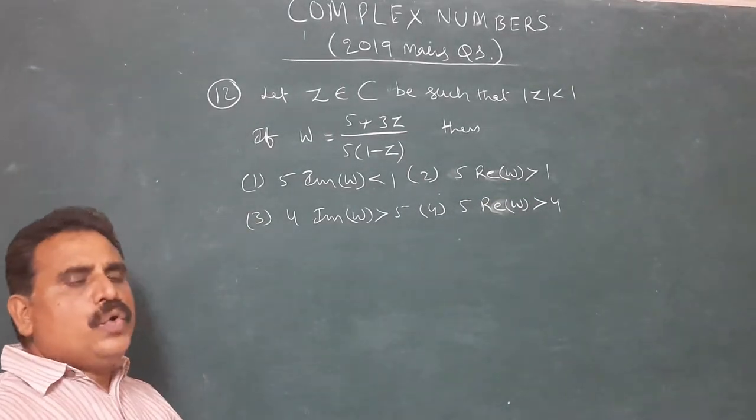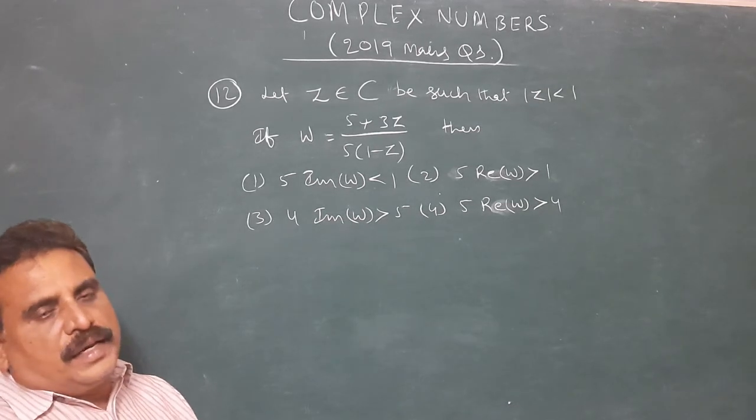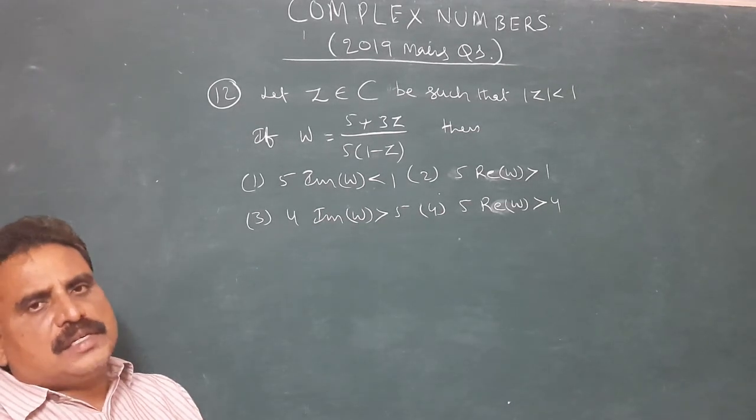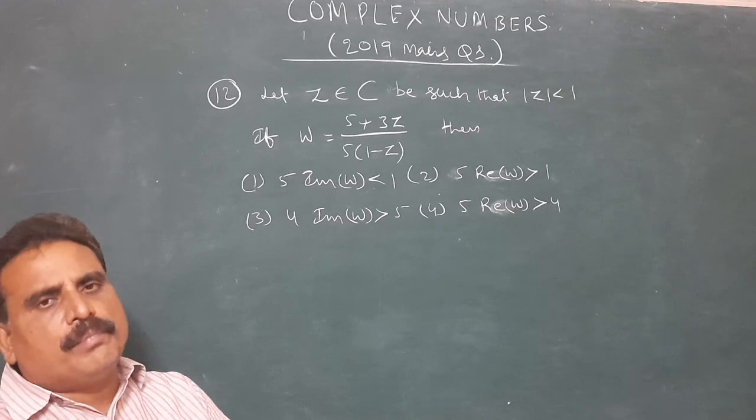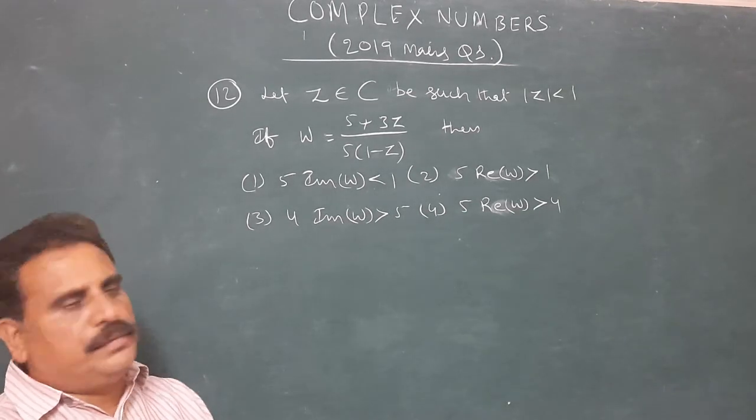That means you have to find the real part of w as well as the imaginary part of w and compare with a complex number inequality.